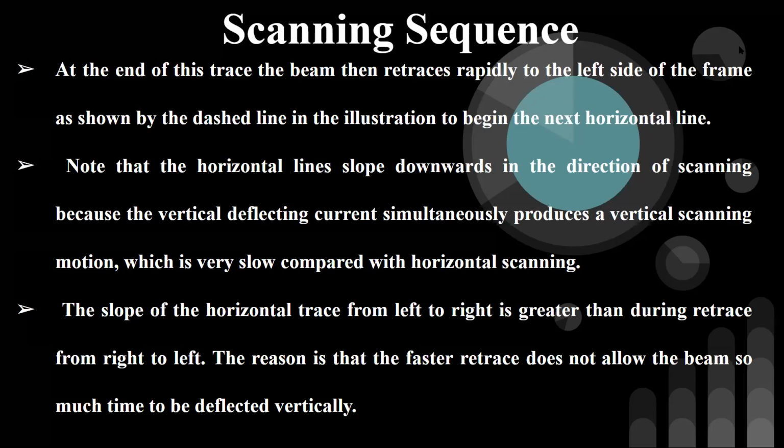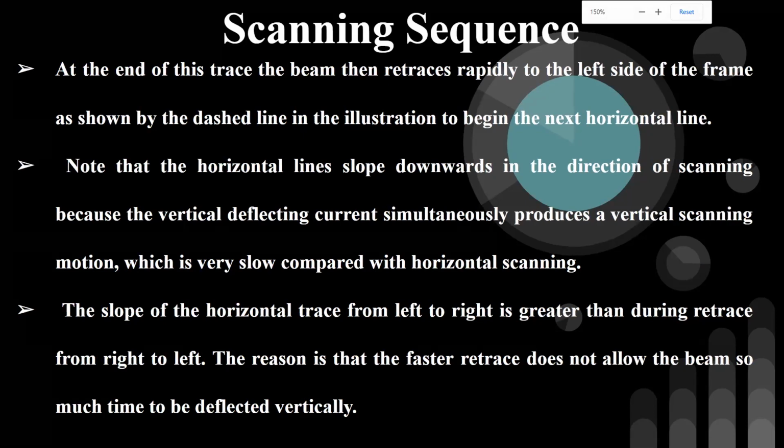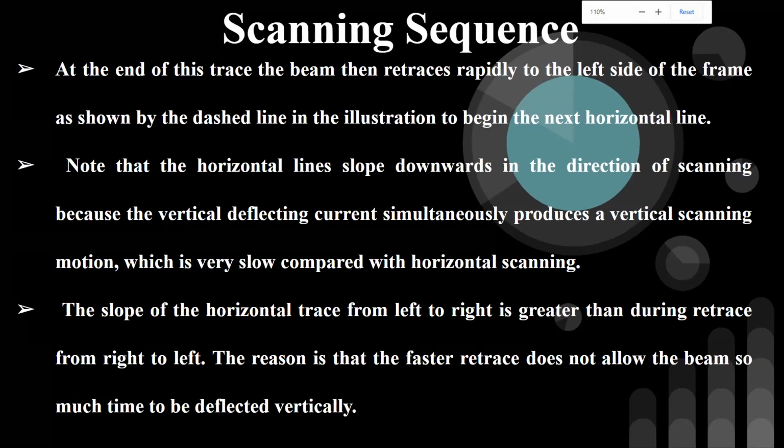So at the end of this trace, the beam is then retraced rapidly to the left side. Therefore, what happens on this one? You require the corresponding horizontal beam deflections.